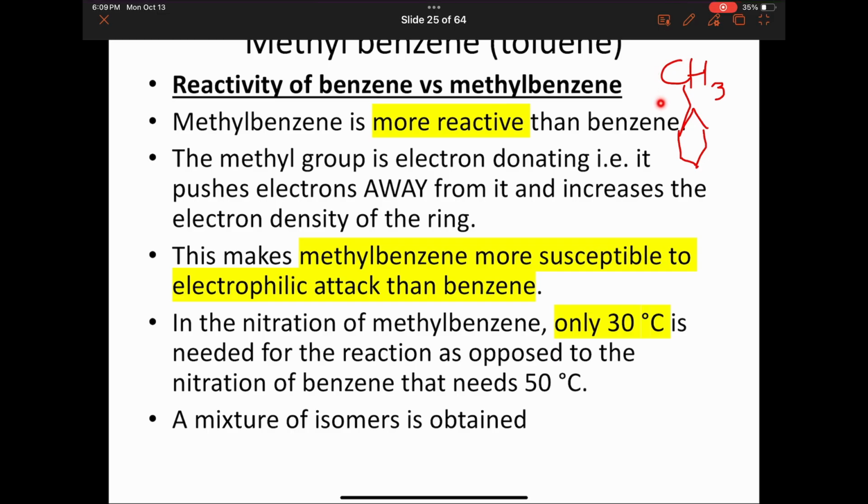So it pushes the electron density onto your benzene ring, which already has its own delocalized area of electrons, making your benzene ring more negative and more susceptible to electrophilic attack. So when you're looking at reactions such as the nitration of your methyl benzene, this occurs at a lower temperature because your methyl benzene is more reactive.